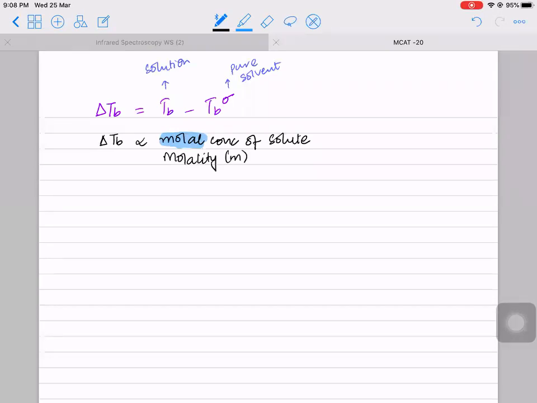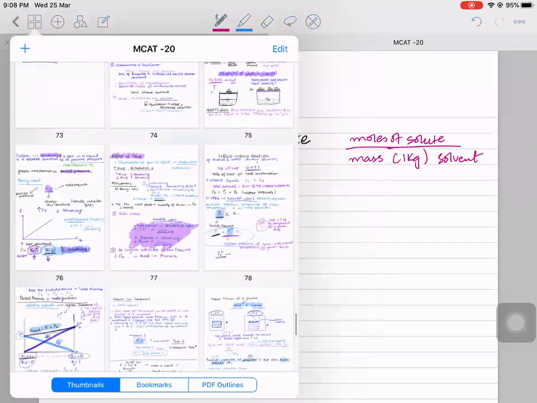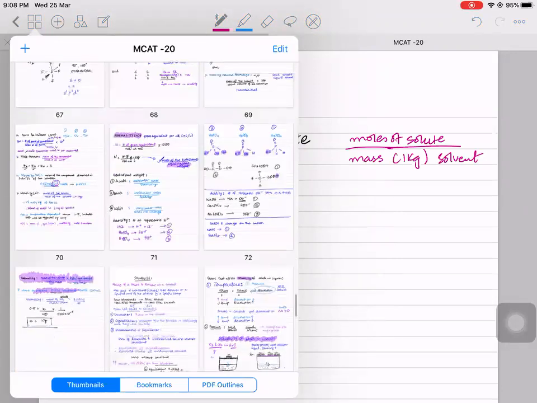And what was molality? Molality was basically the number of moles of something, in this case the solute, over the mass of the solvent, which was how much? How many moles of solute you have per kilogram of solvent. That was molality. We have done this before. Let me just find it for you so you can recall.